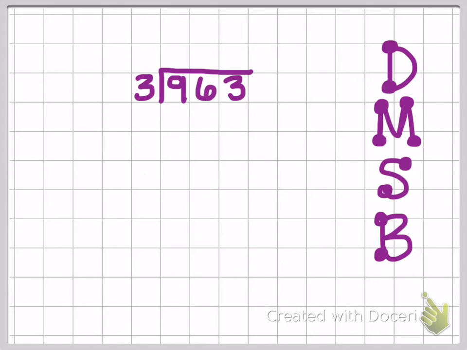Let's try another problem. 963 divided by 3. I want you to go ahead and write this problem on your desk, and I want you and your partner to try it on your own and then share with each other your answer. We'll go ahead and pause the video. In a moment, we'll check your work.